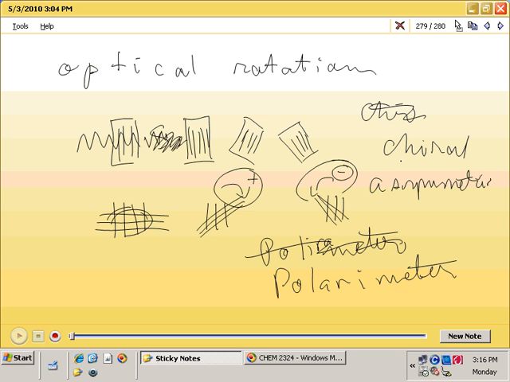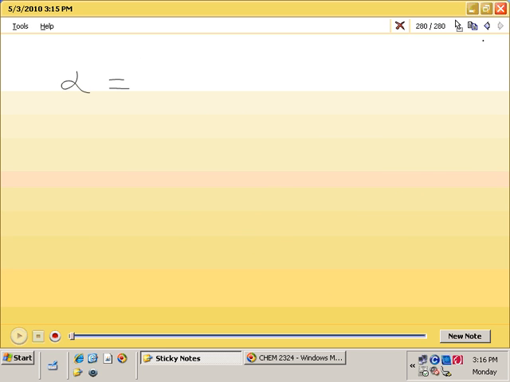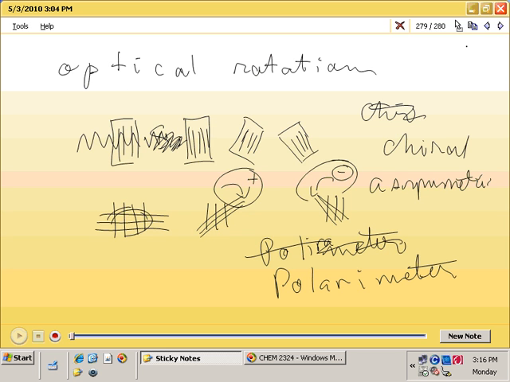You will not observe this rotation with symmetric or achiral molecules. And remember the other thing too, when do you see the plus and when do you see minus? Well, for one enantiomer, you will see a plus rotation, and for the other enantiomer, you'll see a minus rotation. So this is an important property of enantiomers, that they have a different optical rotation, which is opposite, either plus or minus.